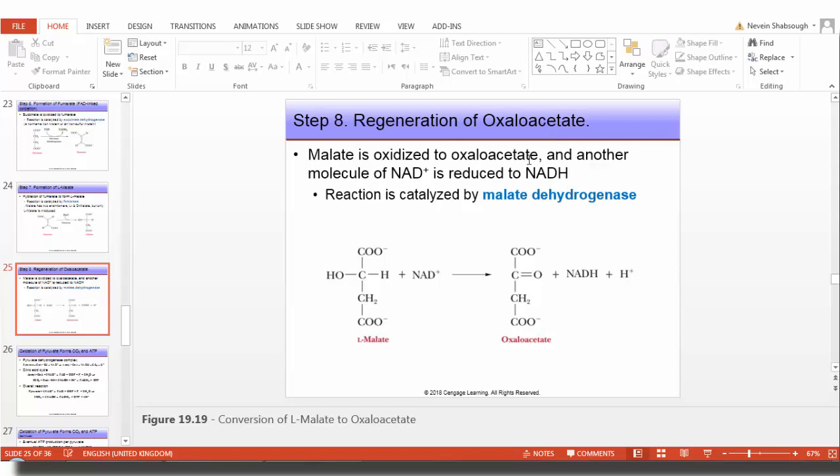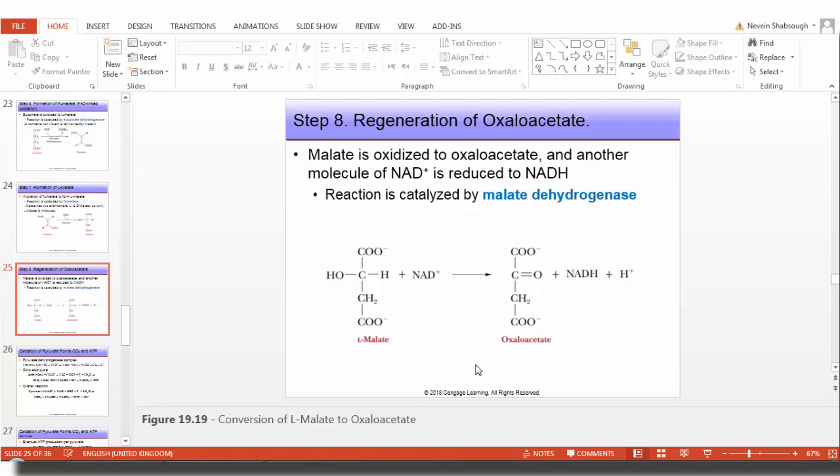This is also the 4th and final oxidation step. Malate is oxidized to oxaloacetate, and another molecule of NAD+ is reduced to NADH, as you can see here. The reaction is catalyzed by the enzyme called malate dehydrogenase. The oxaloacetate can then react with another molecule of acetyl-CoA to start another round of the cycle.